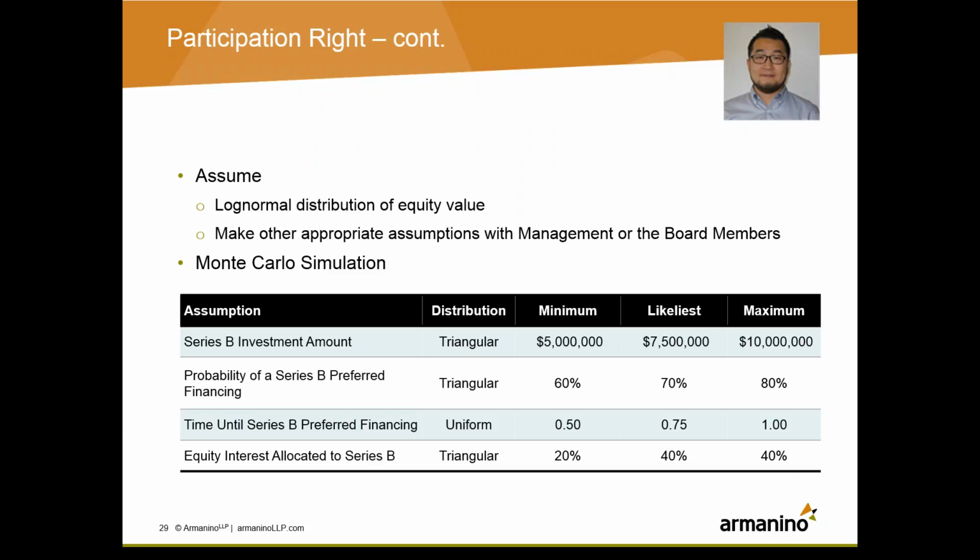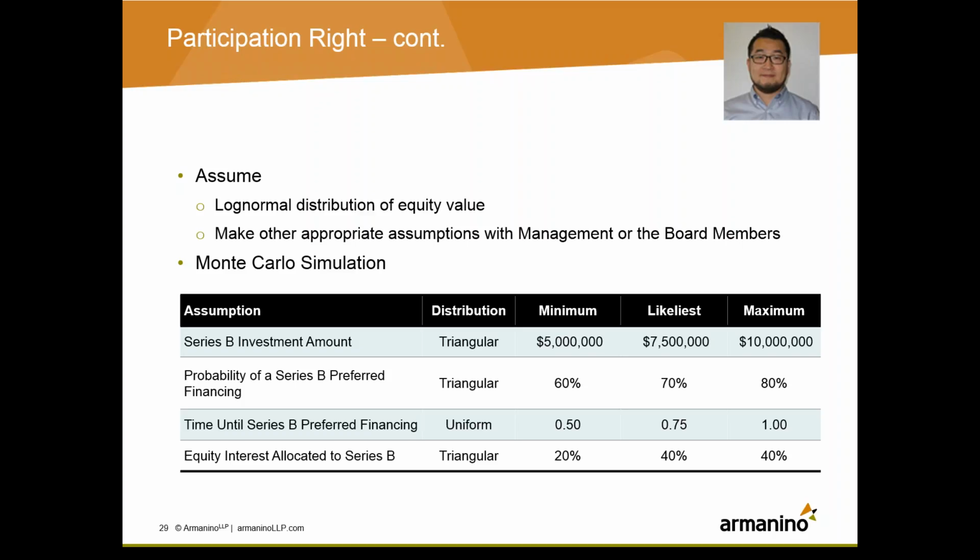And we're going to assume log normal distribution of equity value. This is one of the assumptions even in the Black-Scholes, but that we're going to continue in the Monte Carlo simulation. And in addition to that, we have to determine what our future is going to look like with a discussion with the management or the board members.